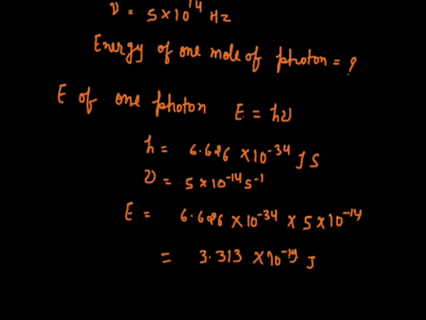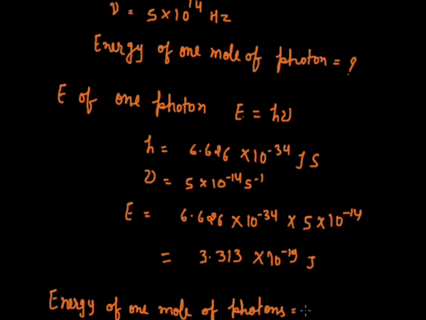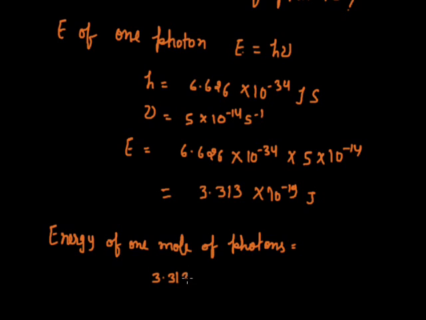Then this is the energy of 1 photon, but in the question we have to find the energy of 1 mole of photons. So the energy of 1 mole of photons will be 3.313 into 10 to the power minus 19.